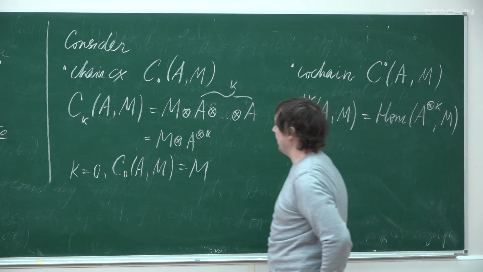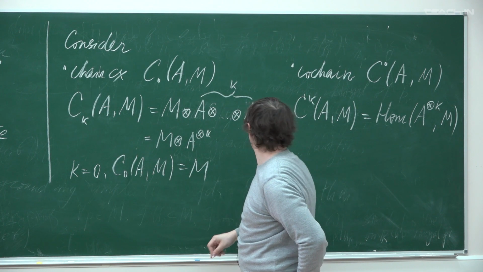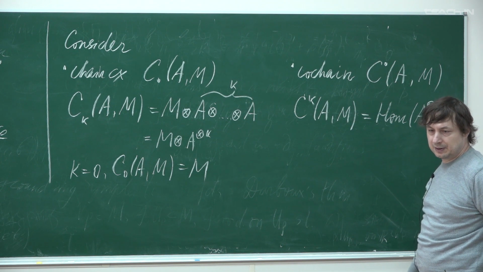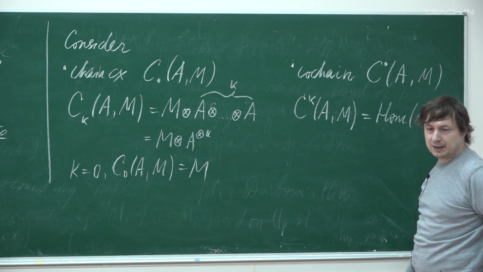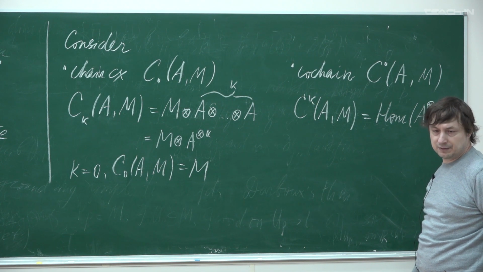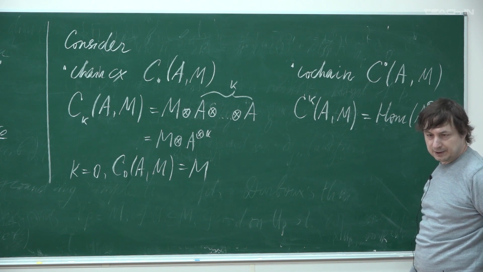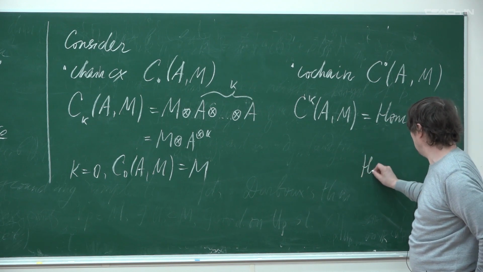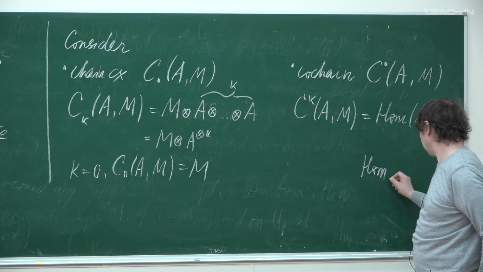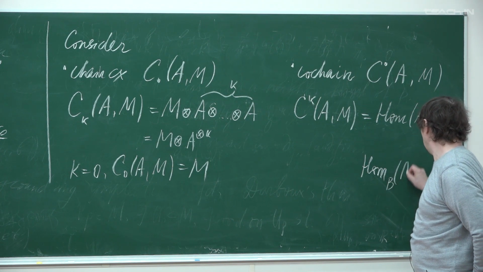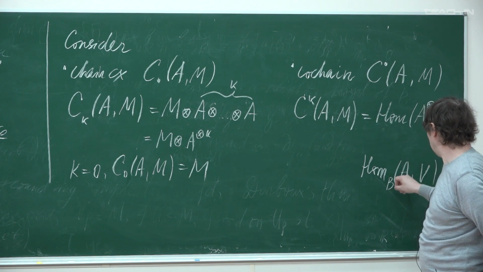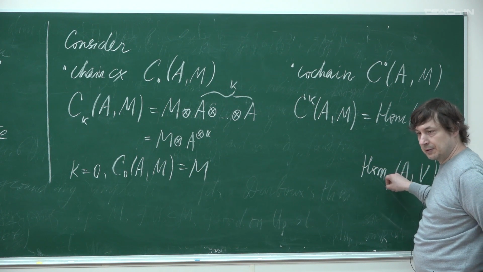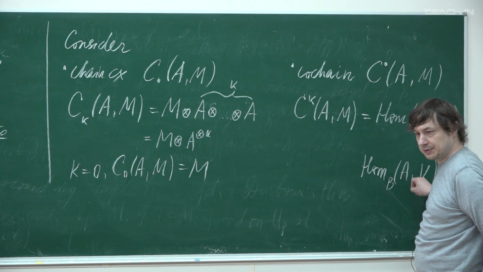By the way, whenever I write tensor product and space of homomorphisms without any subscript or superscript, I assume that these operations are taken over the ground field, right? You should be aware that if I write something like Hom_B of A, V, I assume that both A and V are B modules. So I consider all maps which intertwine the structural B module structures on both sides.